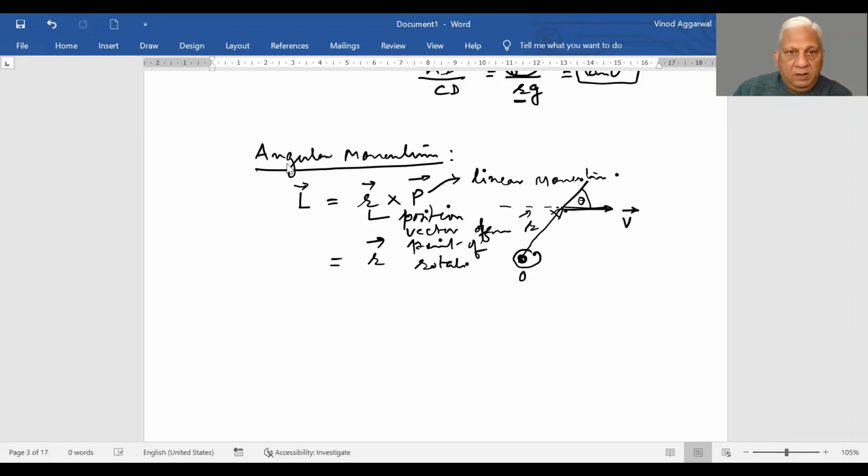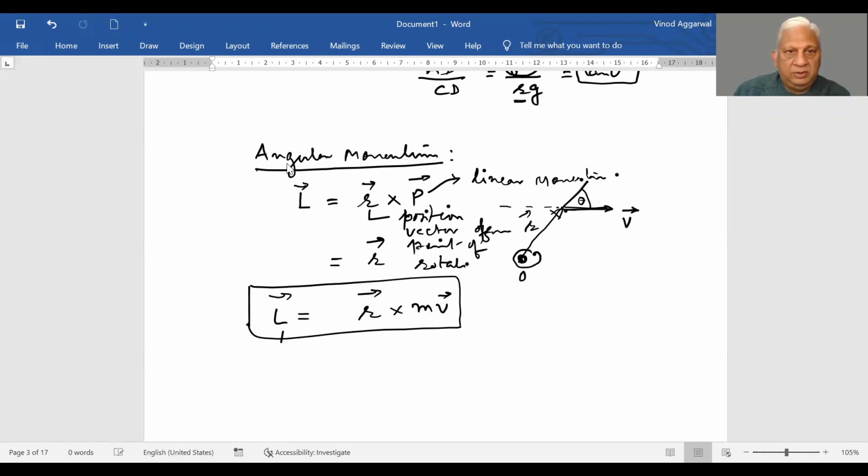So we can define L as R cross MV. So this is our fundamental equation of angular momentum. This is angular momentum. This is the position vector. This is the velocity vector, which is the linear velocity vector.